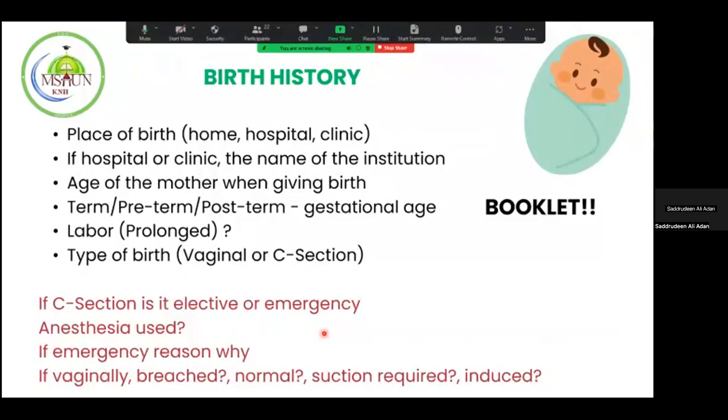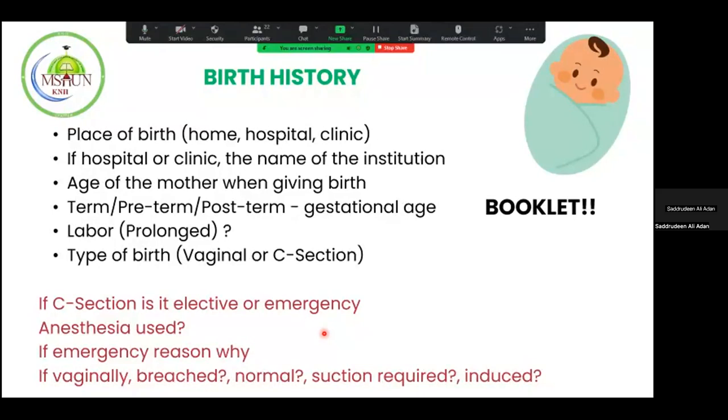The age of the mother when giving birth is important because there are some conditions associated with a very low maternal age and a very high maternal age. With a very low maternal age, the mother's pelvic organs are underdeveloped and not ready to handle the pregnancy.